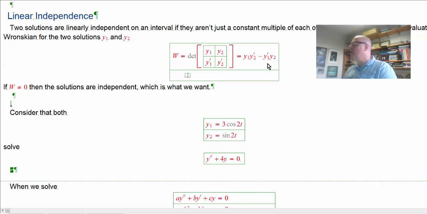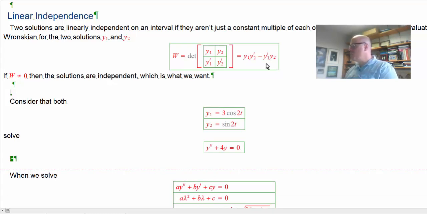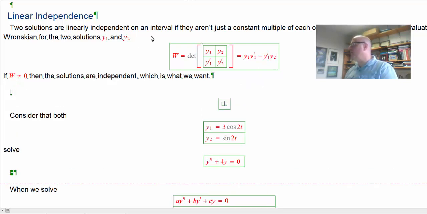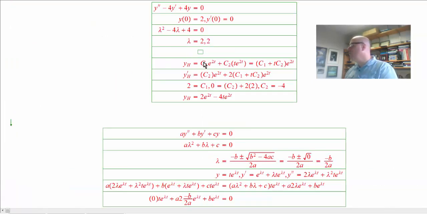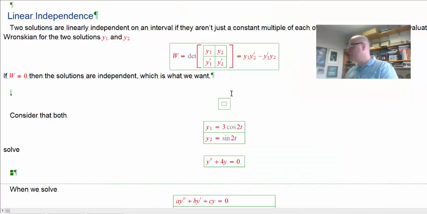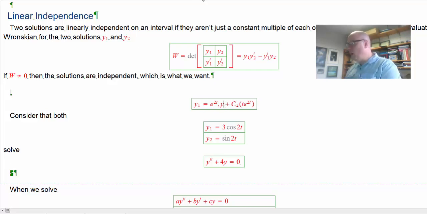So if we want to check the two solutions that we had in our example up here, our two solutions were y1 equal to e to the 2t and y2 equal to t e to the 2t.